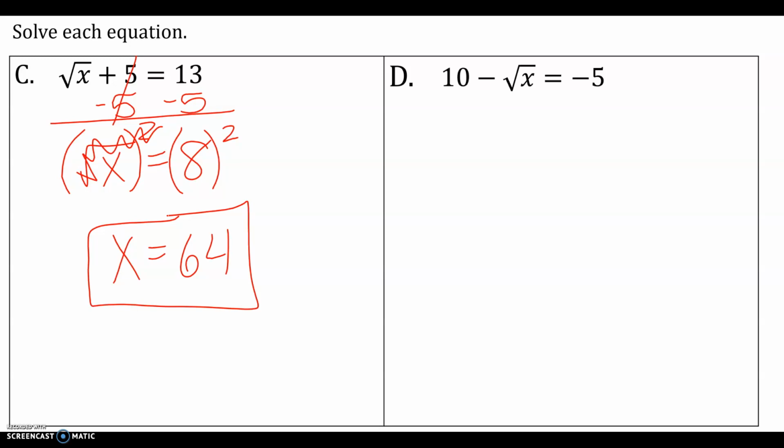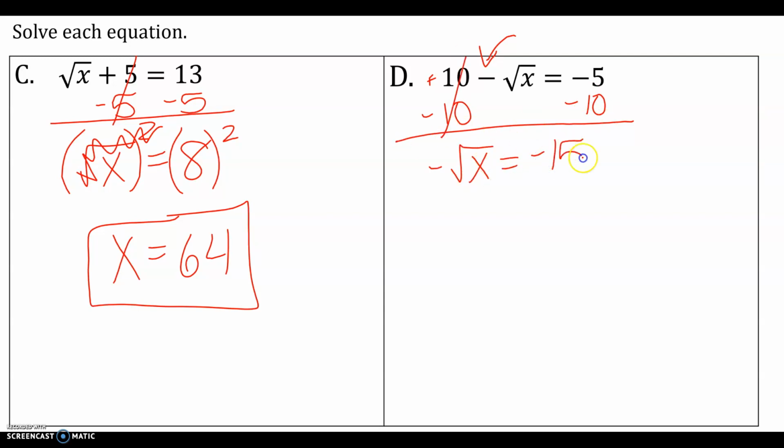Now, looking at letter D, you have this positive 10 over here. Don't get confused because this negative belongs to the negative radical x. So we're going to subtract 10. You still have a negative radical x equals a negative 15. Now, you still have this negative radical x.